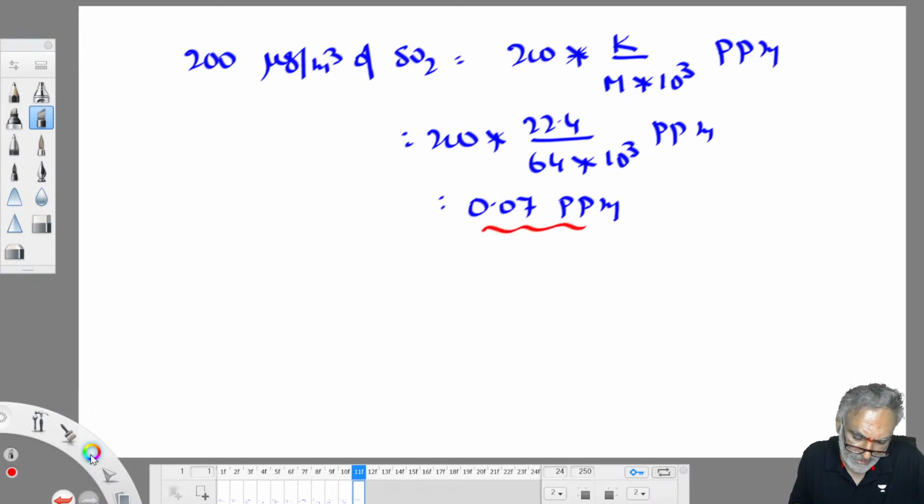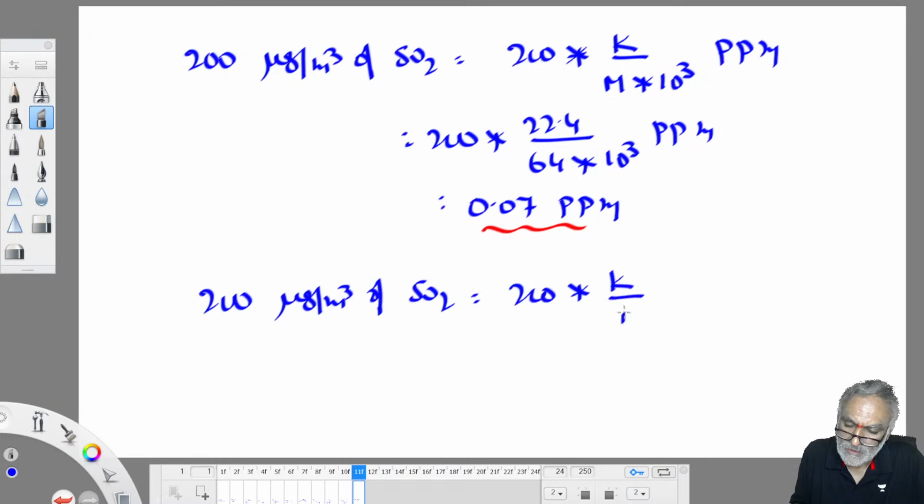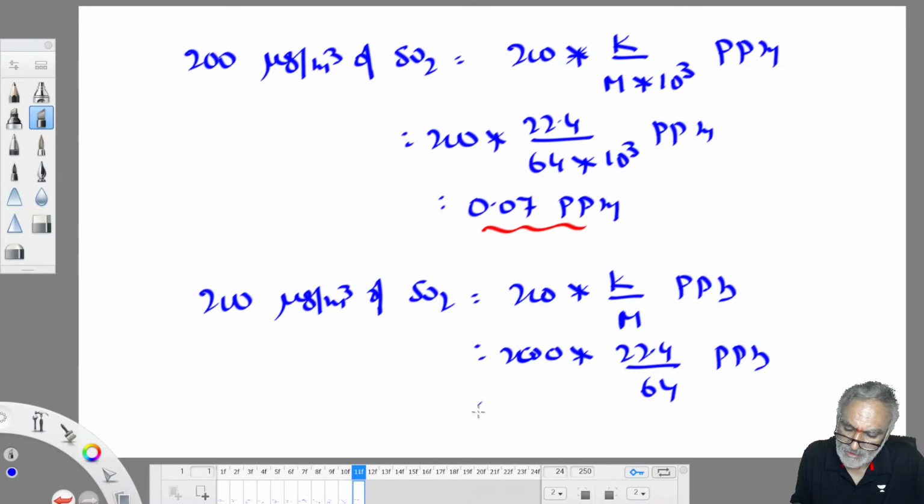Understood? Similarly, ppb, 200 microgram per meter cube of SO2 is equal to 200 into K by M ppb. So 200 into K value is 22.4, M value is 64 ppb. That is the answer. So simple it is. So 200 into 22.4 by 64.